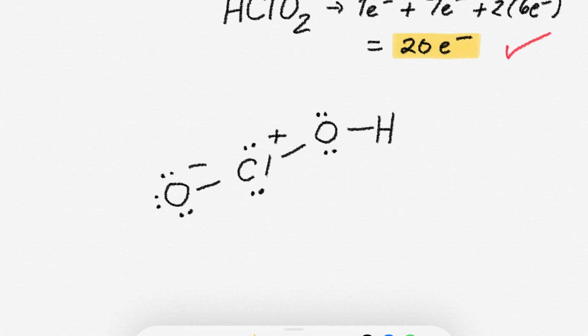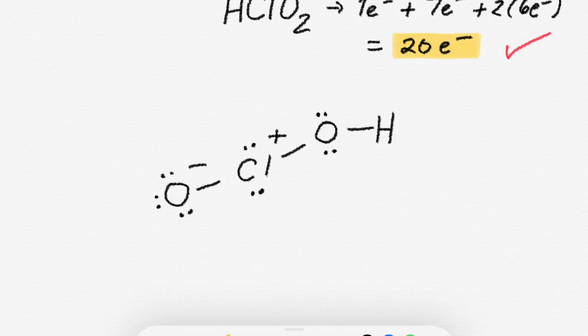So, in the case of this chlorine, notice that both oxygens are technically more negative than the chlorine. This oxygen has a formal charge of -1, and this oxygen right here has a formal charge of 0, both of which are more negative than the positive chlorine.